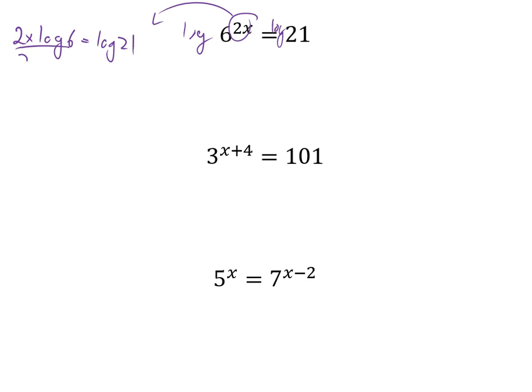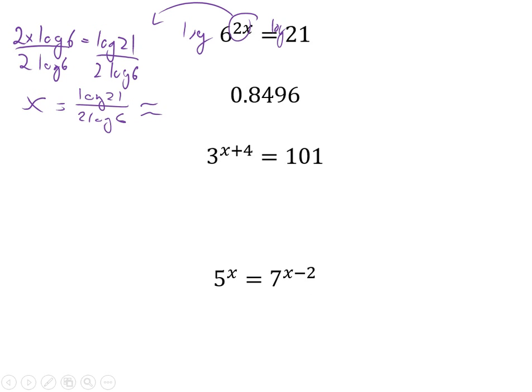Now we would divide both sides by 2 log 6, or we would divide both sides by log 6 and then divide by 2. And that gives us x is equal to log 21 all over 2 log 6, which is approximately that decimal. Okay, and you would use your calculator to solve this.